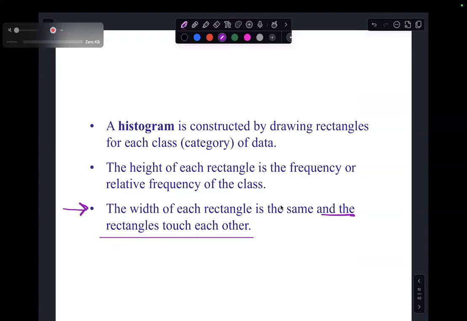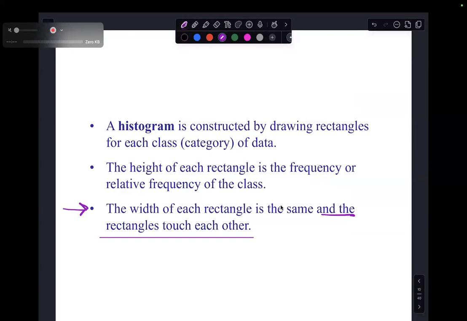Part of the reason for this is most of the time we use histograms for continuous data, and so there's not going to be big gaps between it. We need it to look continuous. So one of the characteristics of a histogram is the bars touch. That's the biggest difference between a histogram and a bar graph.